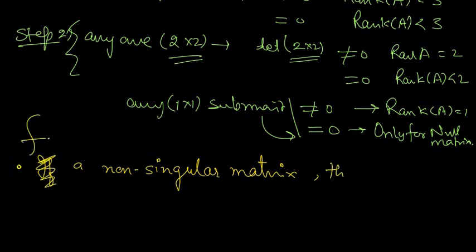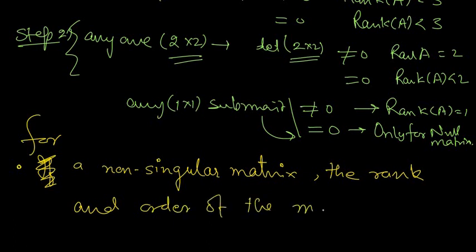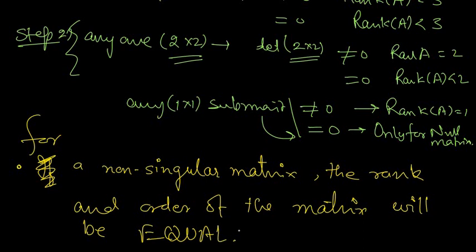For a non-singular matrix, the rank and the order of the matrix will be equal. So for a non-singular matrix whose determinant is non-zero, the rank and the order of the matrix will be equal. Okay, so that was the thing.